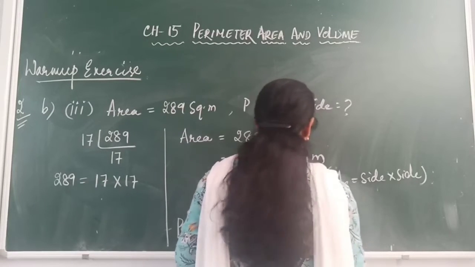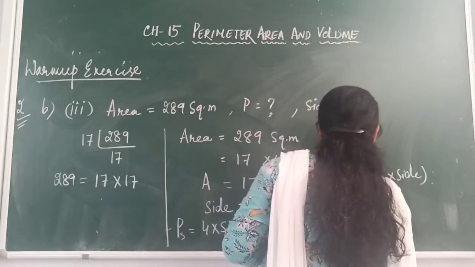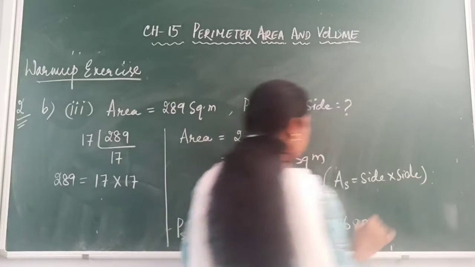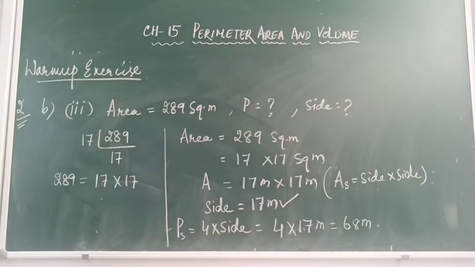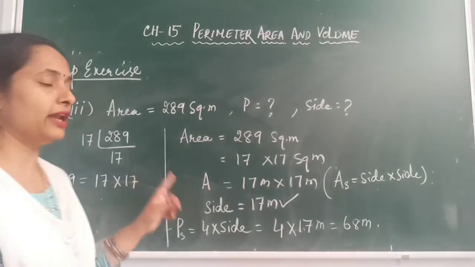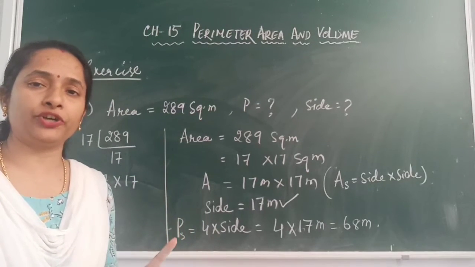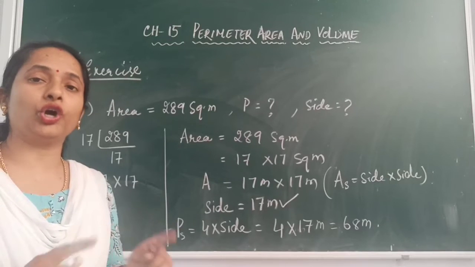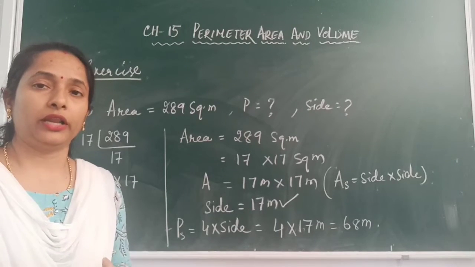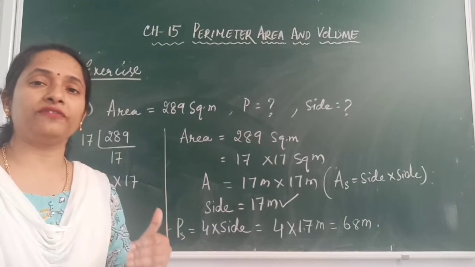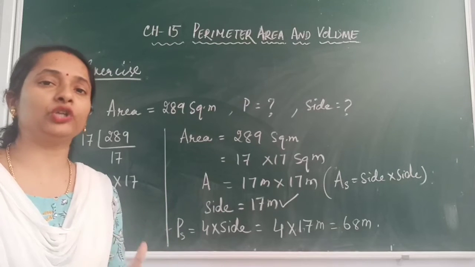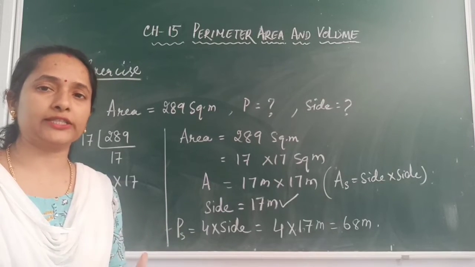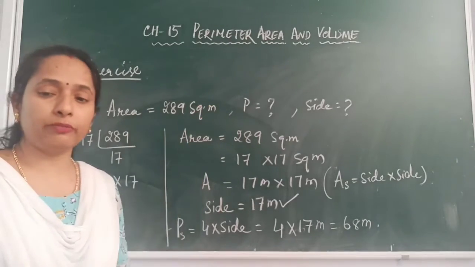So 17 fours is 68 meters. Understood? So this is how you are going to find. For every sum, the calculation should be done in your geometry notebook. First you draw the given table and try to solve each and every sum below the table, and whatever the value or answers you get, you will fill it in the box.